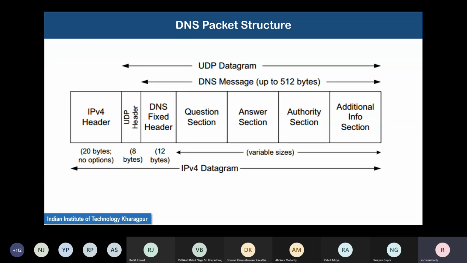It does not give any reliability information. It does not mandate that the packets will be delivered in order. Still, why is this used in DNS? It is used in DNS because most of the DNS messages are usually up to 512 bytes.